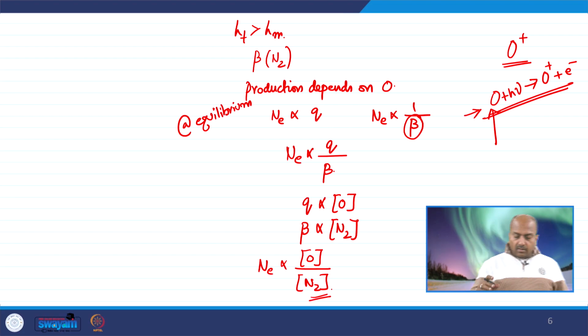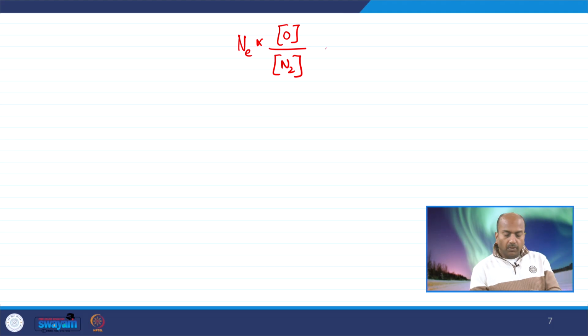Right. Now, let us extrapolate this discussion. So, Ne, the available electron density, is proportional to oxygen density divided by the density of N2. So, at any given height, the number of oxygen atoms can be written with a simple expression: exponential minus h by the scale height of oxygen. See, here I am writing the scale height of oxygen.